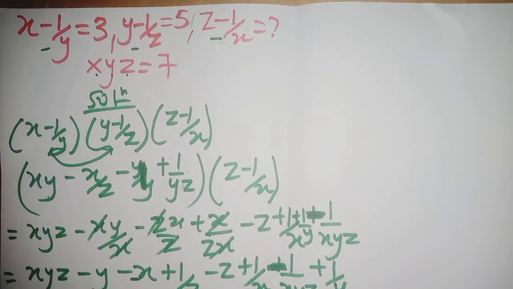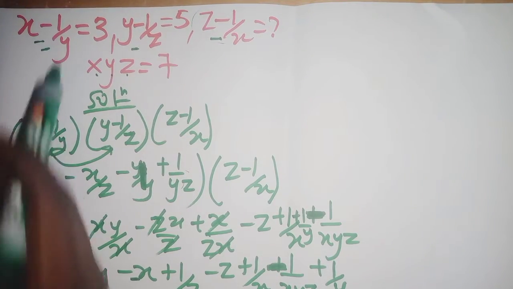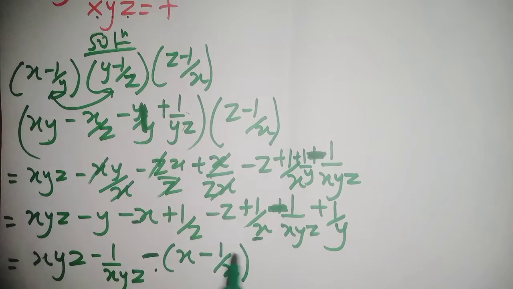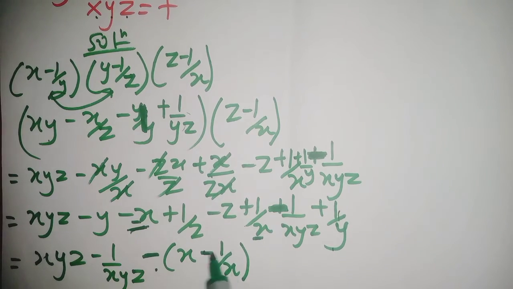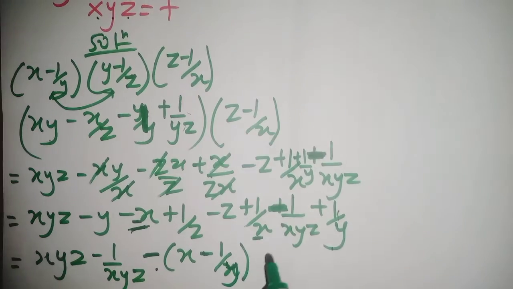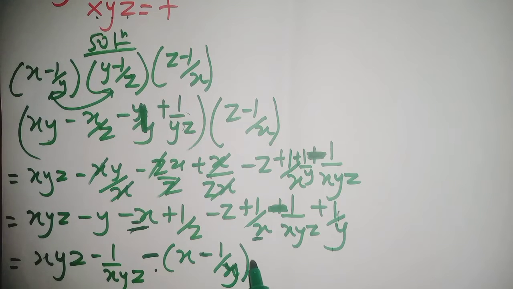Remember, it just says x minus 1 over y, so let's do that here. So we have x here being negative x, and then 1 over y, so negative 1 over y here, and then the next one is y minus 1 over z, so we have y here, and then 1 over z.